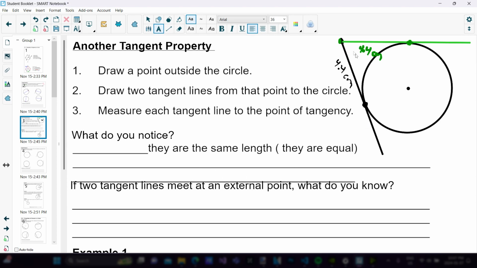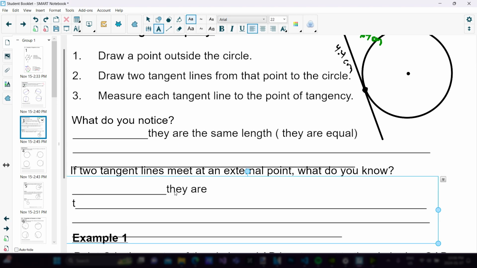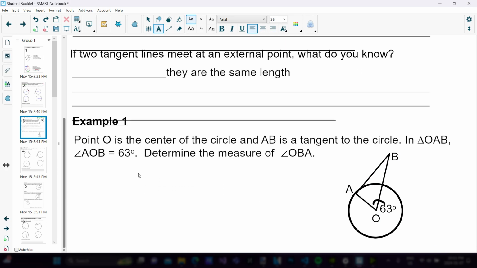I have two tangent lines, and they meet at the same point. They're the same length. So, I don't know, this is kind of a redundant point. You could just put, they are the same length. And scrolling down, let's put some of these theorems to use.